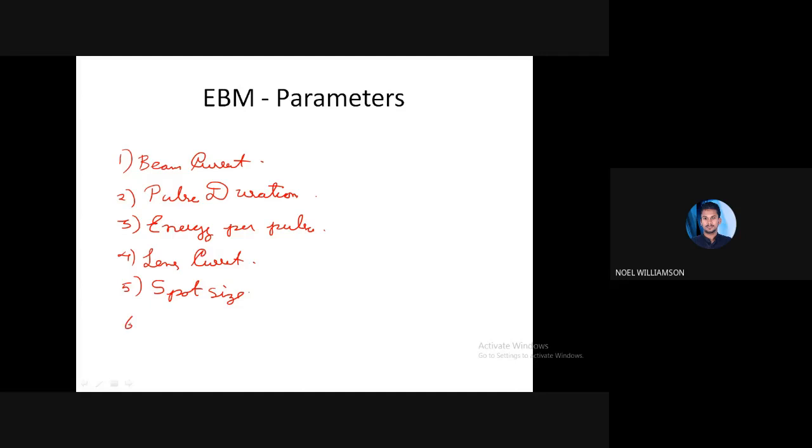Sixth one is the power density. Spot size means the size or the diameter through which the electron is being focused. And finally, power density.